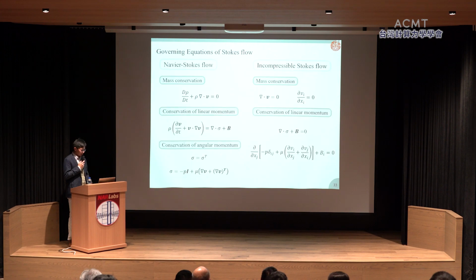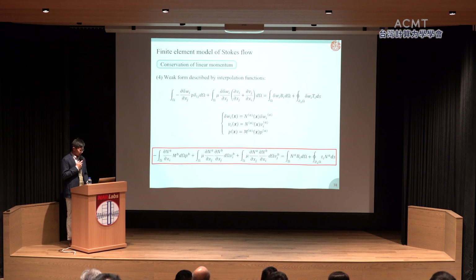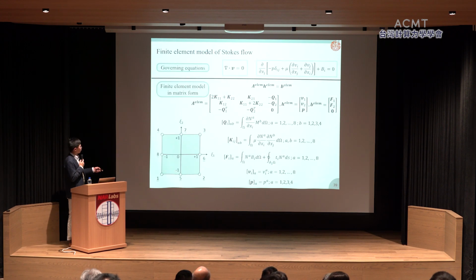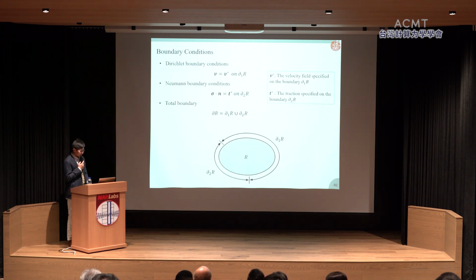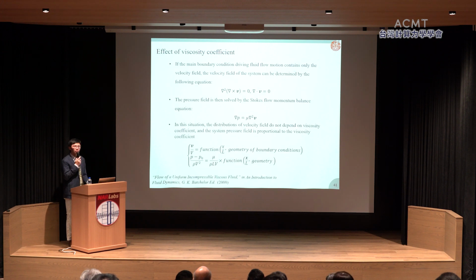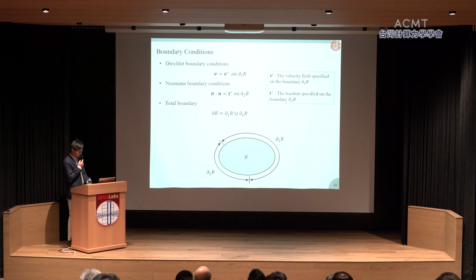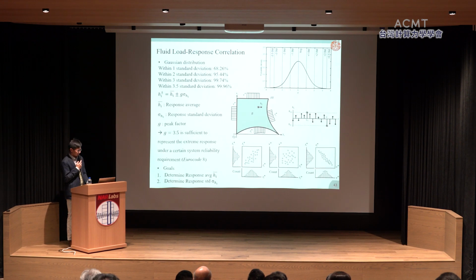So in microfluidics, we can describe our system in terms of the linear, you can call it the elasticity matrix, and the response and the excitation. So I use a finite element model to describe the system we have.